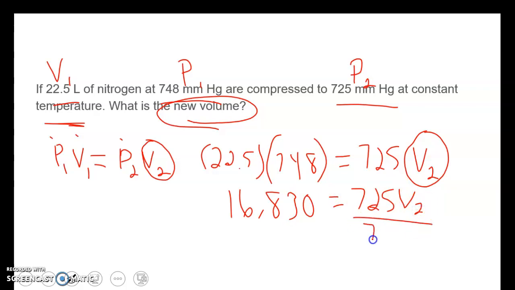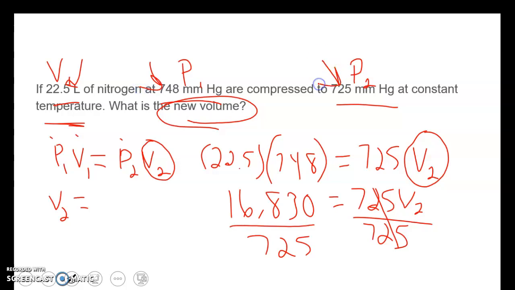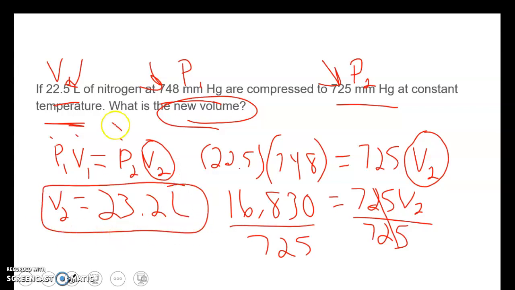If I divide both sides by 725, I get V2 is going to be equal to, and I have 3 sig figs here, 3 sig figs here, 3 sig figs here. So my answer will have 3 sig figs. 23.2 liters. I know it's liters because I had liters to start with for volume. And so that's how I know what will happen. So if I decrease the pressure, my volume increases. Okay? So that's an example of a Boyle's law problem.